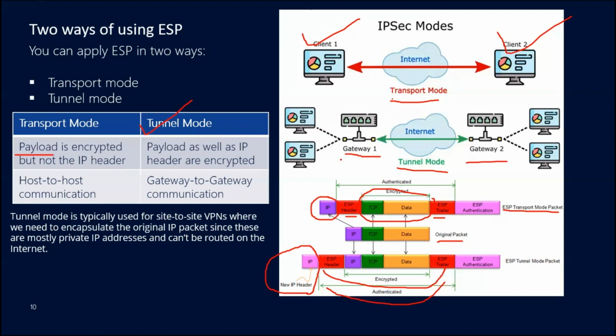Okay, so tunnel mode creates a new IP header, and uses it as the outermost IP header of the datagram, followed by the ESP header and your original datagram. Right. The ESP trailer and the optional authentication data are appended to the payload.